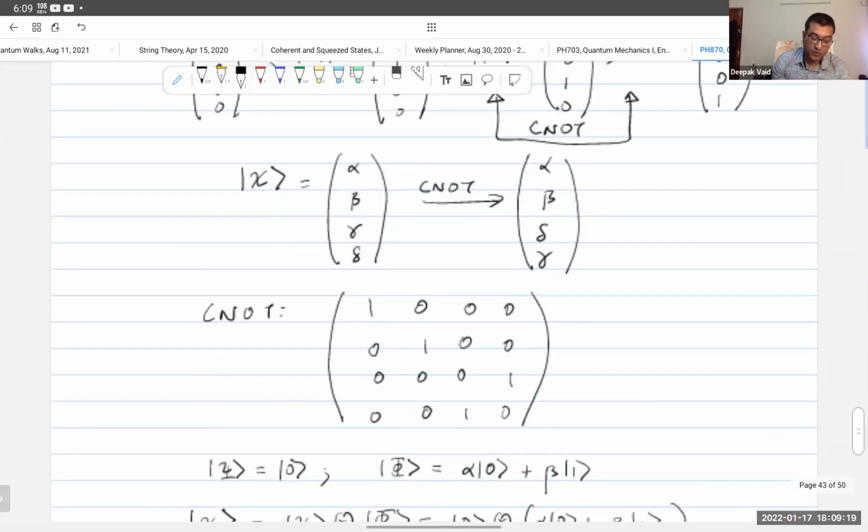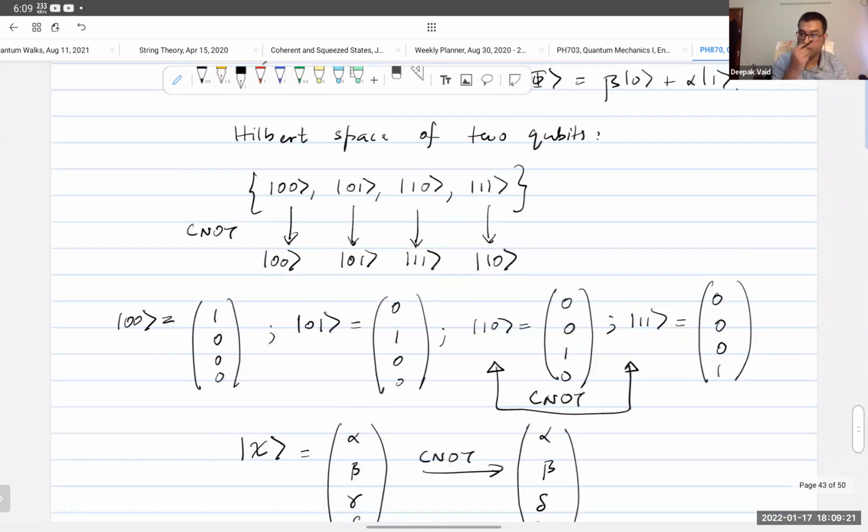So it's okay, of course, to say that if the control qubit is in the 1 state, then the target qubit is swapped. It's okay for the purposes of understanding.